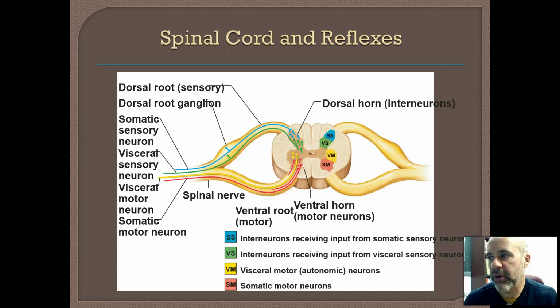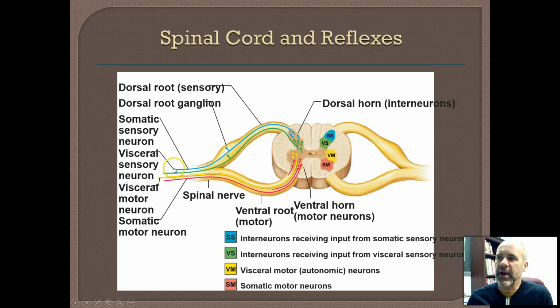So you have neuron networks that are involved in taking incoming sensory information, sending it up here to the spinal cord, interacting with interneurons that then form synapses with motor neurons that have outgoing information that gets sent outward, generally for contraction of skeletal muscles. Those are going to be things that are involved in reflexes.